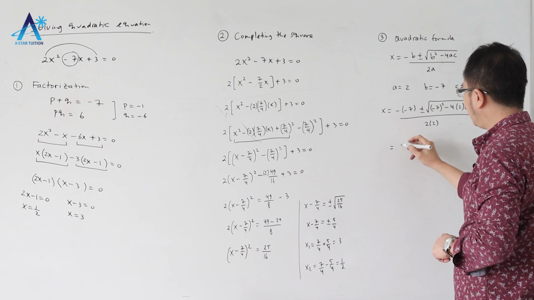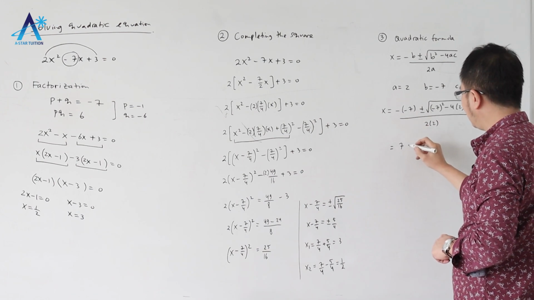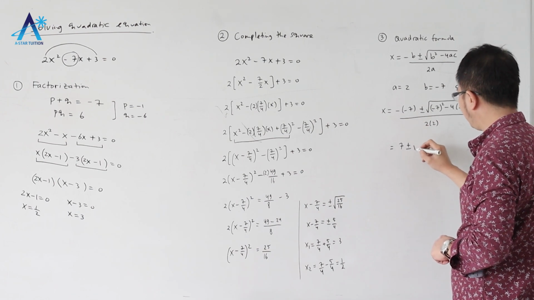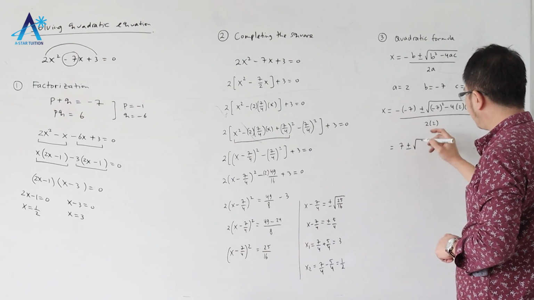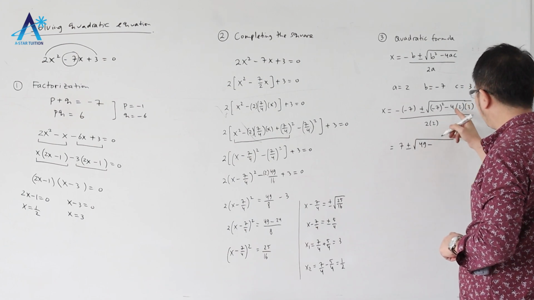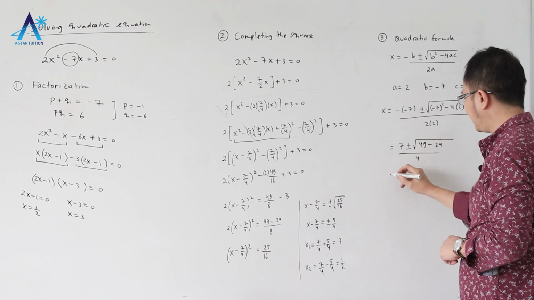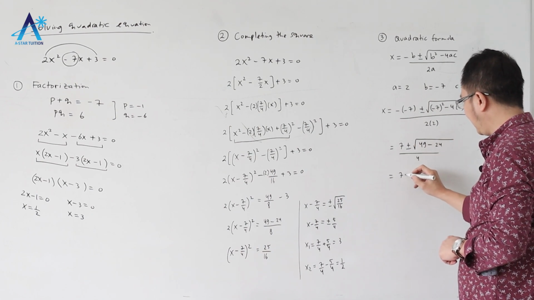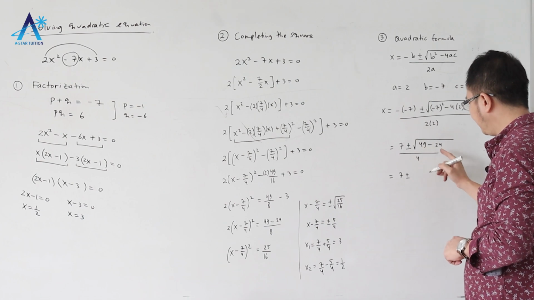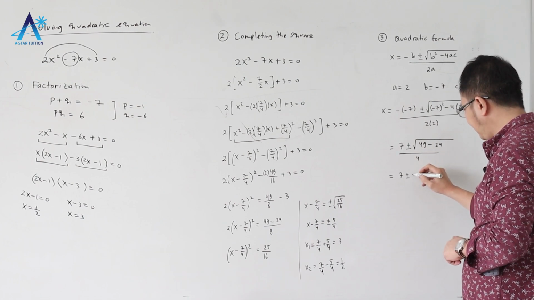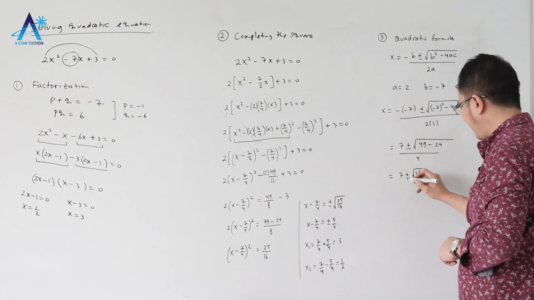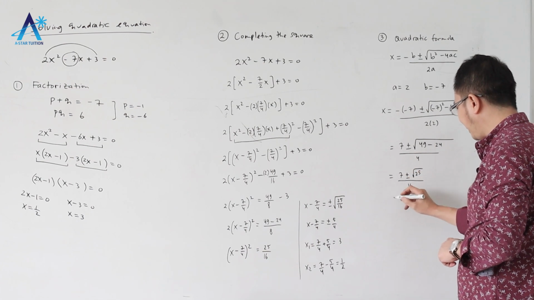Okay, so this is going to give us 7 positive negative root of 49 negative 24 divided by 4, which is leading to 7 plus minus root of 25 over 4.